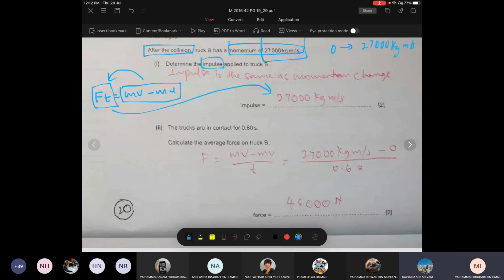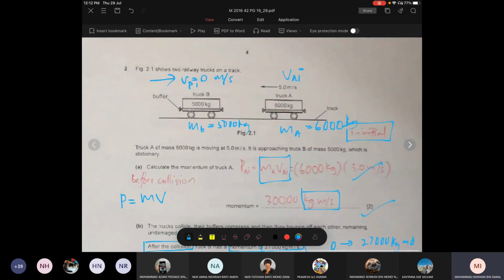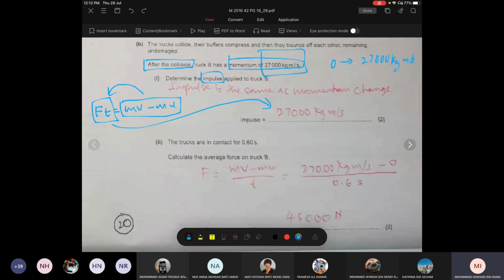Okay, next question. The trucks are in contact for 0.60 second. Since you know that they collide and then they bounce, both of them will move after the collision. So when they are in contact, we know that the time is only 0.60 second. So how do you calculate the force? This is also known as impulsive force.